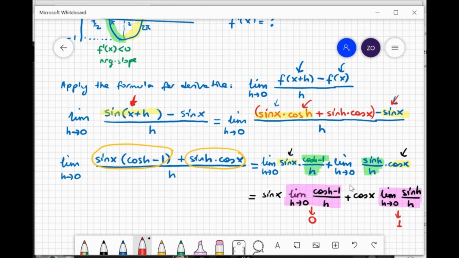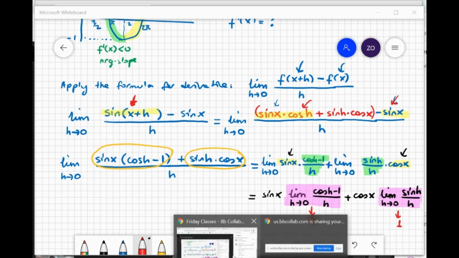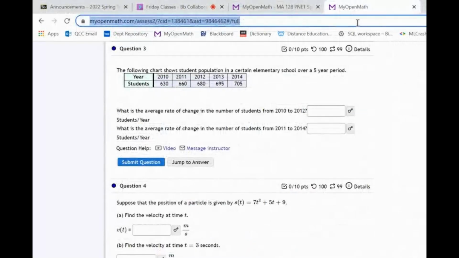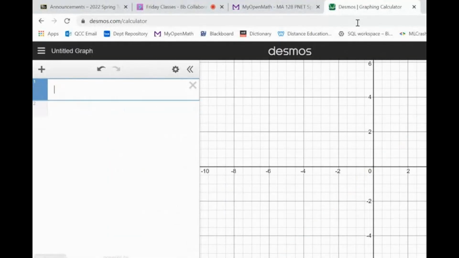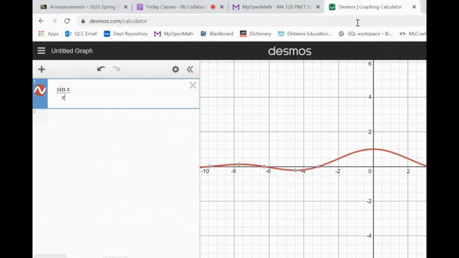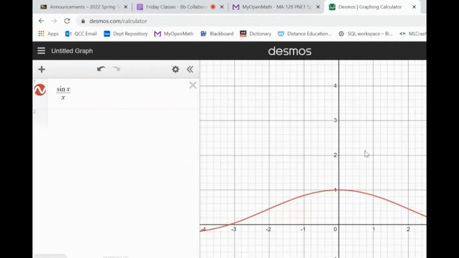Let's see it graphically. For example, the second one, sine of h over h as h goes to 0. If you graph the function sine x over x, as x goes to 0, look at this curve. This is sine x over x. When x equals 0, it is undefined, because the denominator is 0.